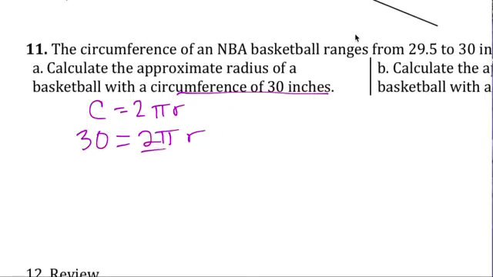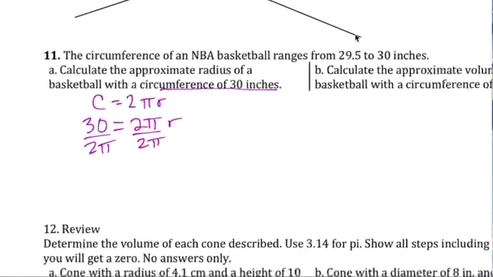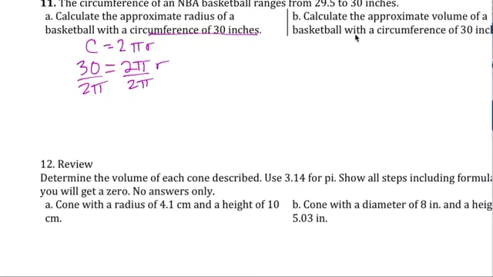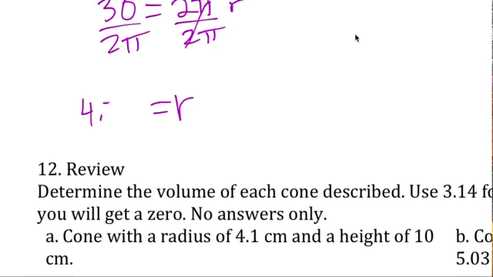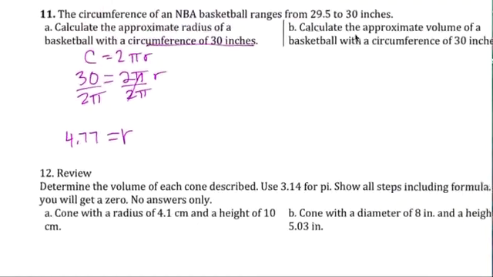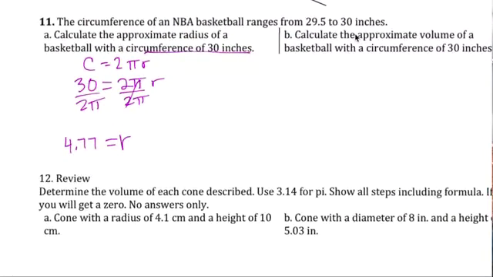Divide by 2 pi. If you use a calculator, you need to put the 2 and pi in parentheses. 30 divided by parentheses 2 times pi. You get 4.7746. The radius is 4.774, so let's just leave it as 4.77 inches.